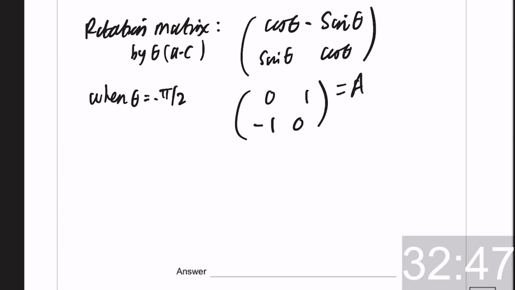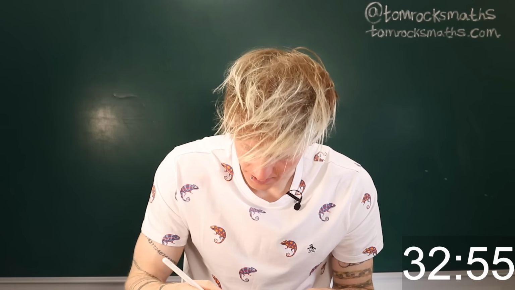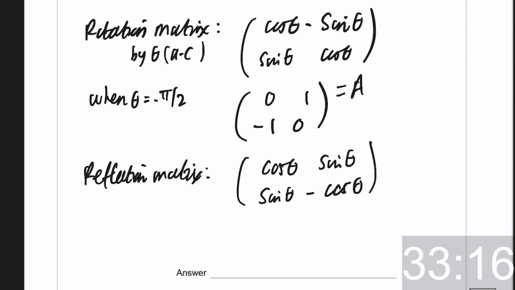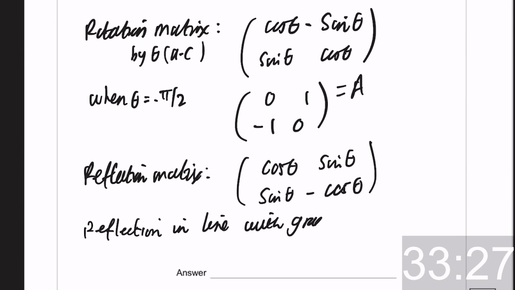Now B. Okay, now B is a reflection matrix. So this is similar, but you swap a couple of the things. So cos theta, sine theta, and I want to say minus cos theta, I think. That's definitely got determinant minus 1, so I'm going to go with that. Now, this is a reflection in the line with gradient theta over 2.